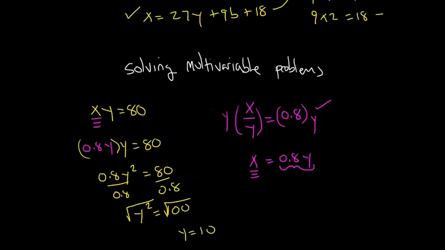Now that we know that y equals 10, we can plug this into our second equation because x equals 0.8 times our value of y, which is 10. So x equals 0.8 times 10, which is 8. So whenever you have two unknown values, two variables, you need to have two equations that describe each of those variables to be able to solve for either of them.